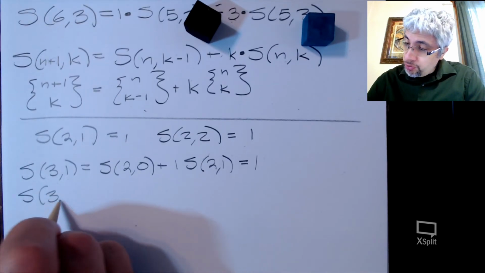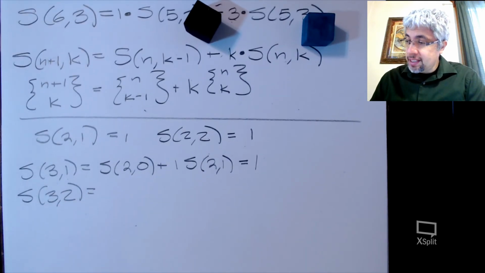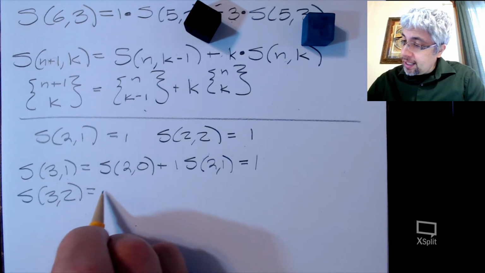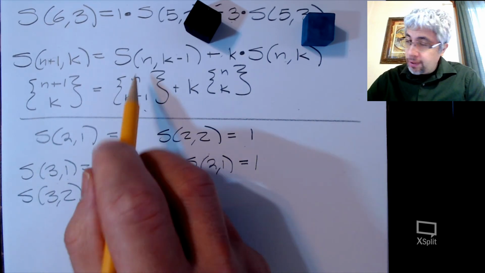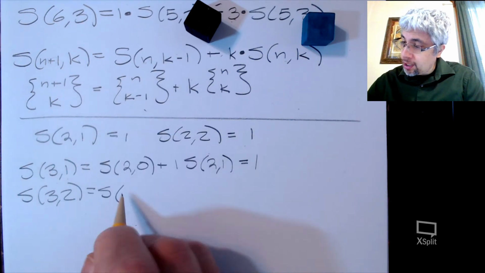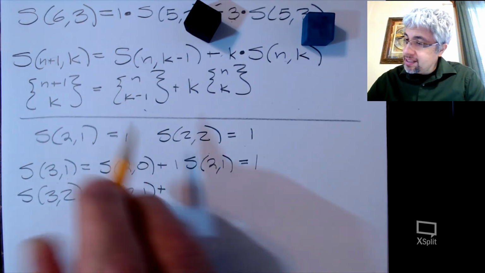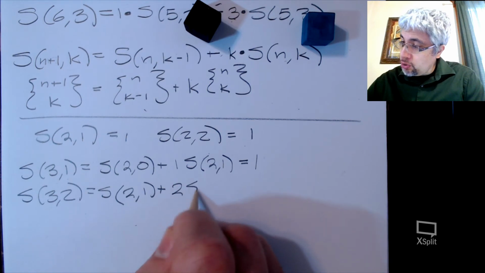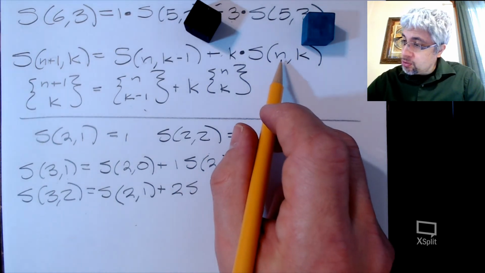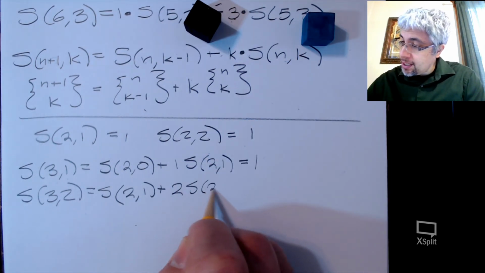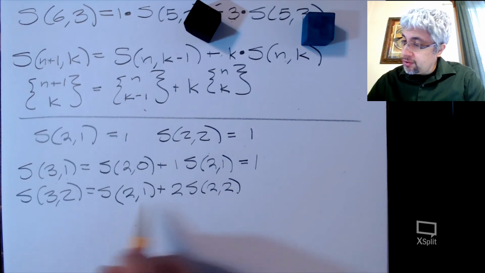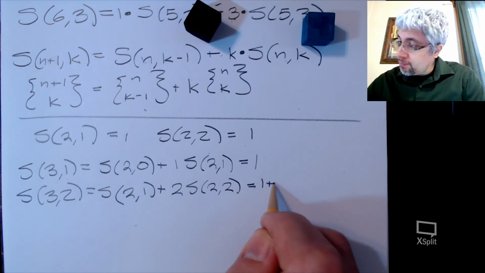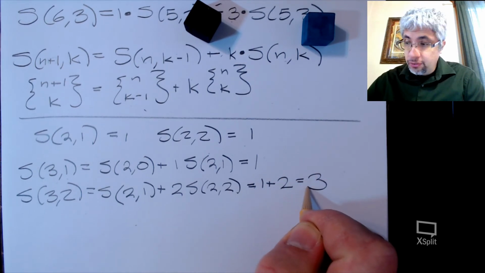For S(3,2), it's going to tell me that I get, well, what do I have? I have S(2,1), I subtract 1 from each, plus, then I take my k, which is 2, times, then I just subtract 1 from the 3. So S(2,2), which I know is 1, and I know this is 1, so this is 1 plus 2 equals 3.